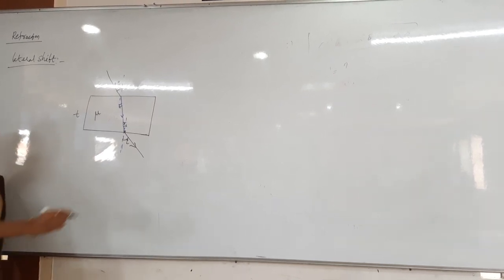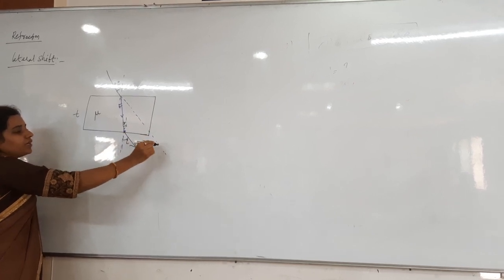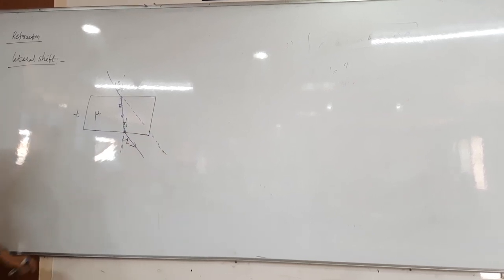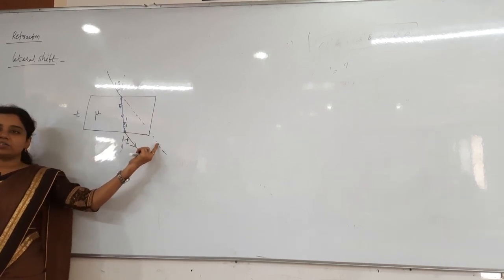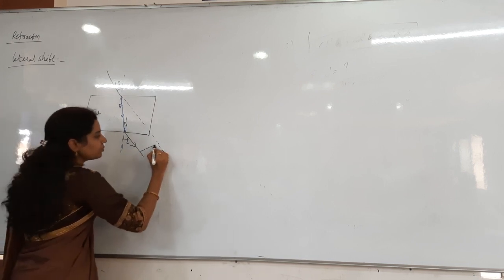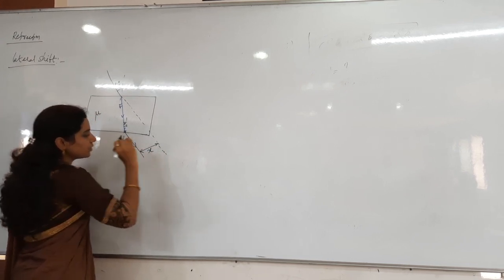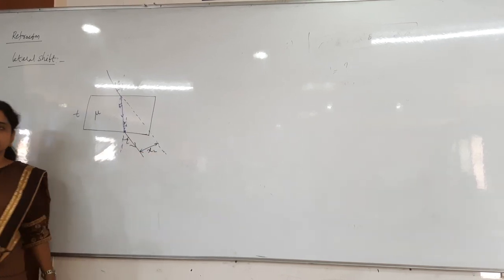Now it is very important to understand what the lateral shift is here. For the lateral shift, you just extend the first incident ray. The final emergent ray and the first incident ray will be parallel to each other. Are they parallel here? They are parallel. So the displacement between them is known as the lateral shift. Clear? This is x lateral.